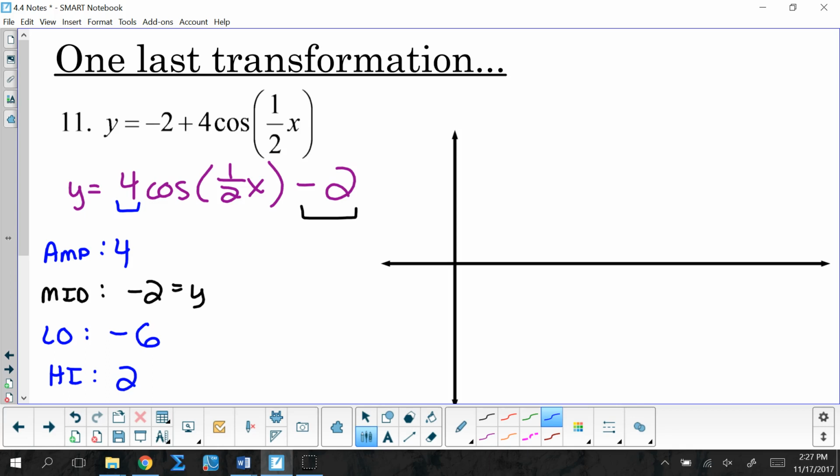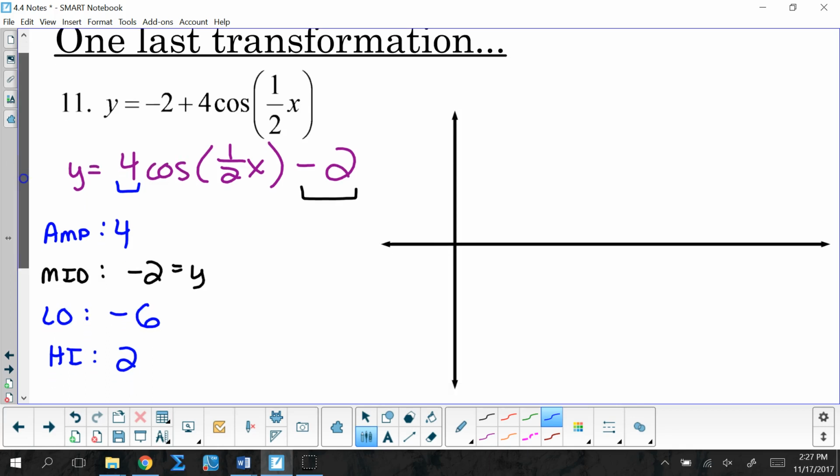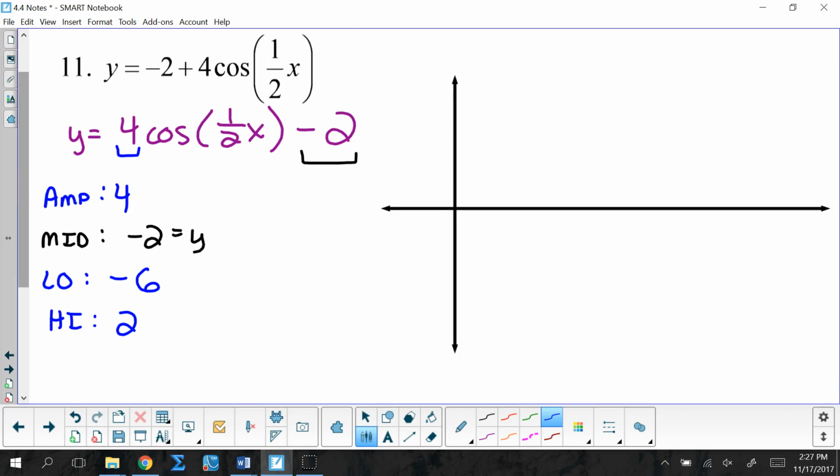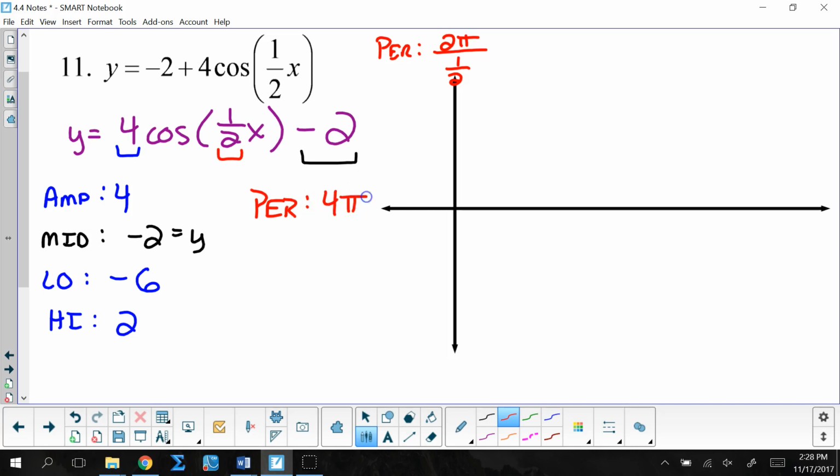I'm going to slide this down just a little bit. My period is going to be 2 pi divided by the absolute value of b. b in this case is 1/2. 2 pi divided by 1/2 tells me that the period is 4 pi.